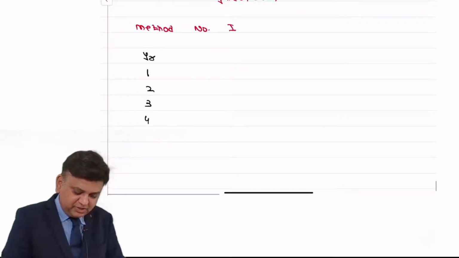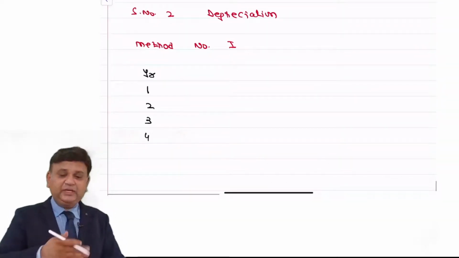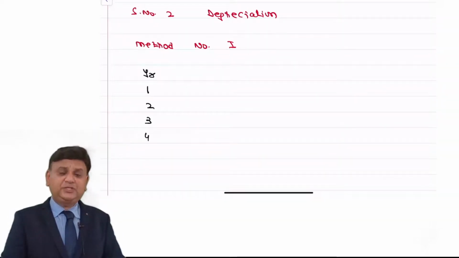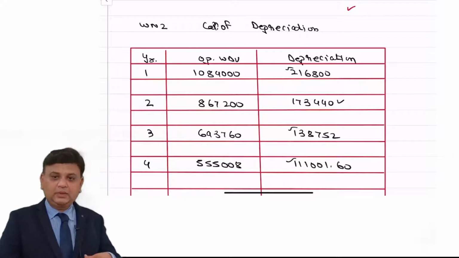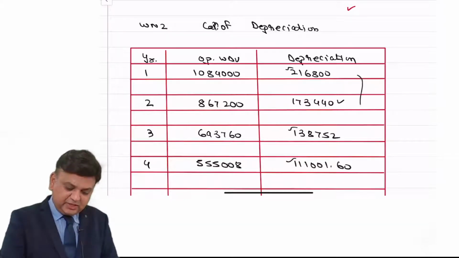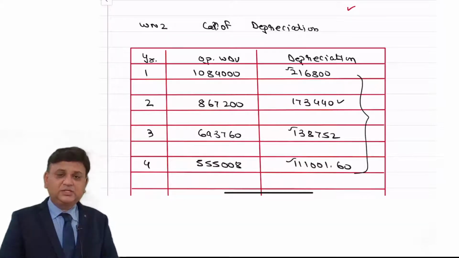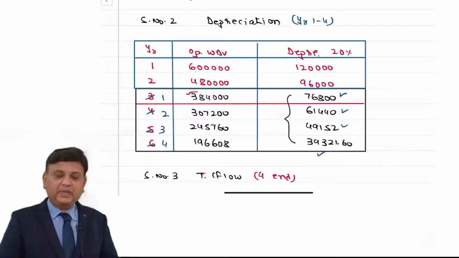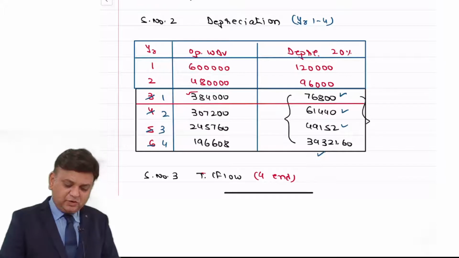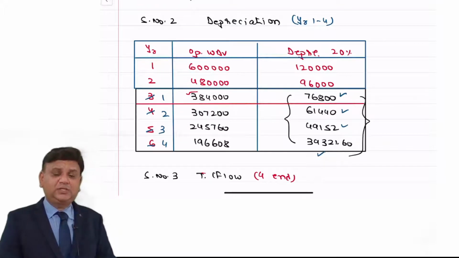You compute the depreciation if we replace, you compute the depreciation if we continue with the existing machinery, and then you compute the difference between both of them. This is the depreciation that you can claim if you replace existing machinery, and this is the depreciation if you would have continued with existing machinery.